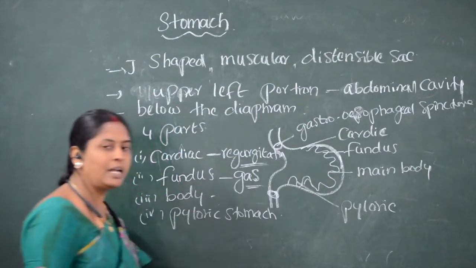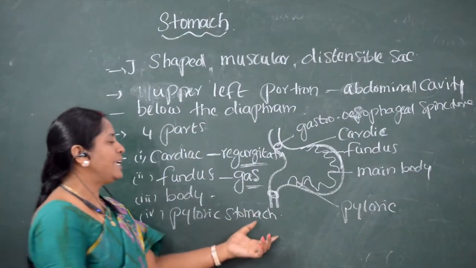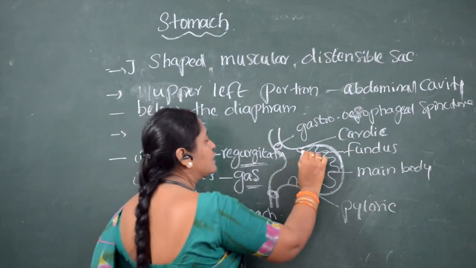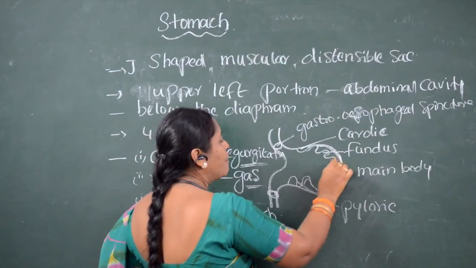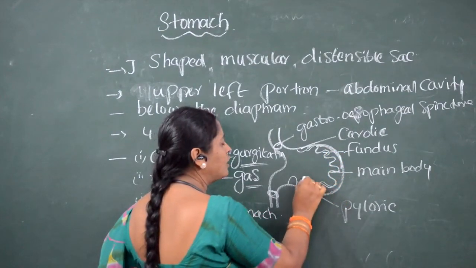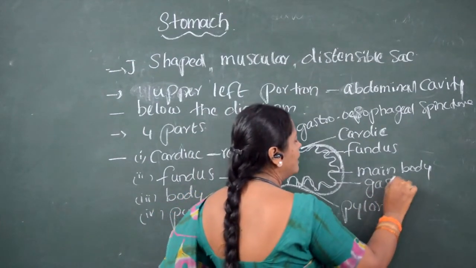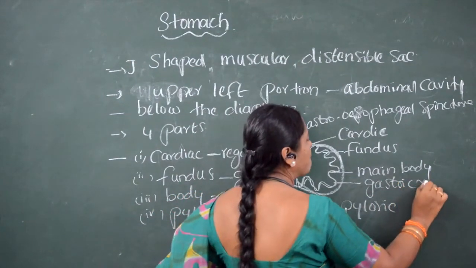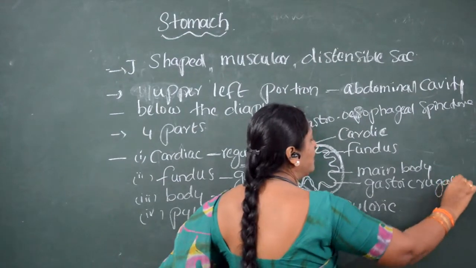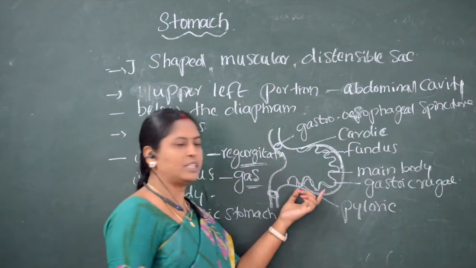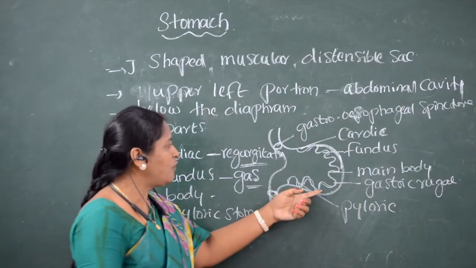Inside, the stomach consists of many folds called rugae, or gastric rugae. The inner lining of the stomach has many folds.